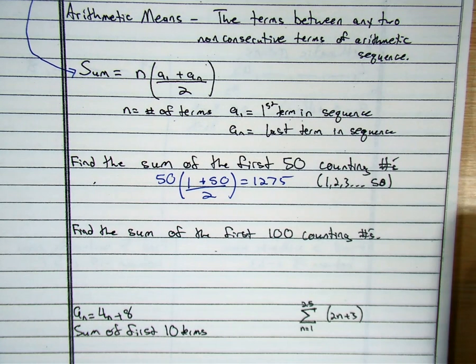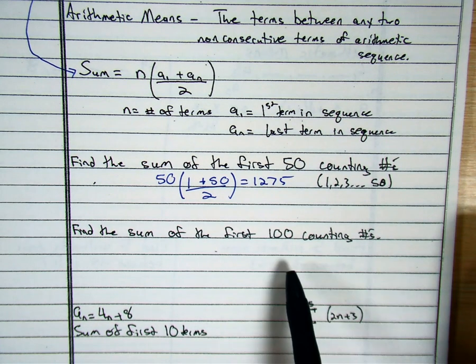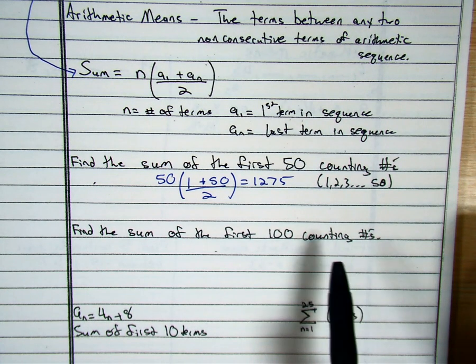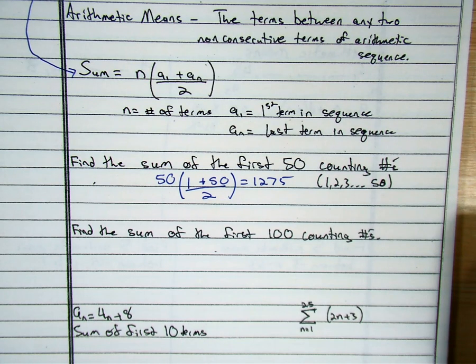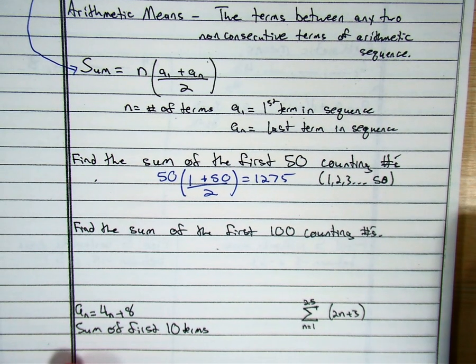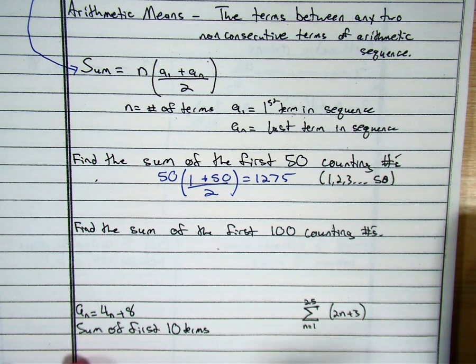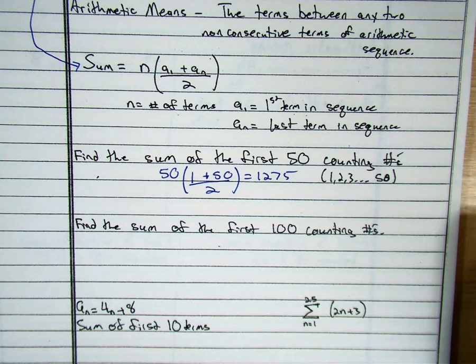Let's have you push pause and try the exact same thing for the first 100. It should be pretty similar. We've got the first 100, so there's going to be 100 terms. And our first number should be 1. And your last number is going to be 100.